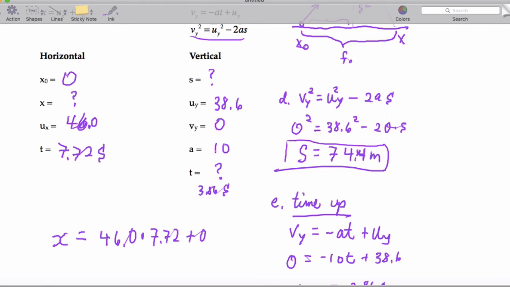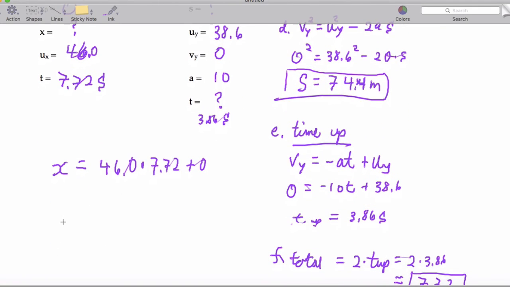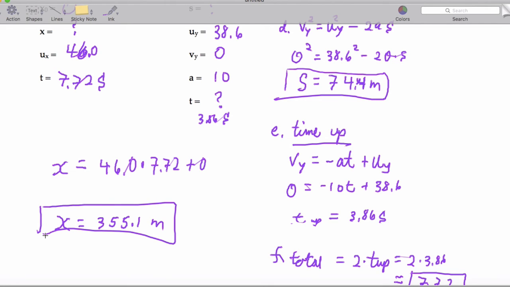So 7.72 times 46.0 is going to give us 355.1 meters. So that is our final position.